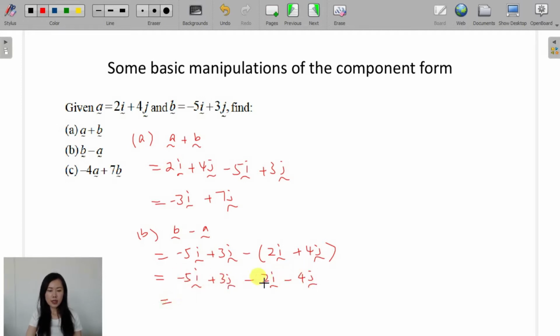And then minus 7I, and then 3 minus 4, minus 1J. That's it. And then finally, if you have multiple applied to it, you expand the brackets first, multiply first, and then deal with the, I guess, like term collection. You can think of it that way. Nothing too hard.